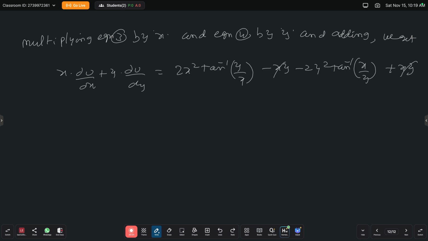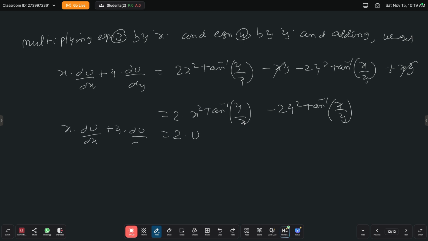So plus xy minus xy will be cancelled. We get 2 into x square tan inverse of y by x minus 2y square tan inverse of x by y. Therefore 2 into u. Therefore x into ∂u/∂x plus y into ∂u/∂y is equal to 2u. Okay, this is equation 5.